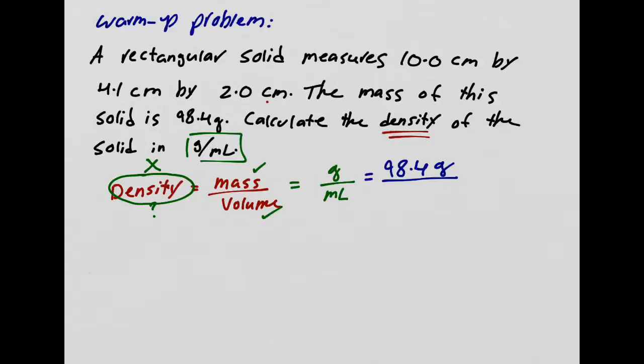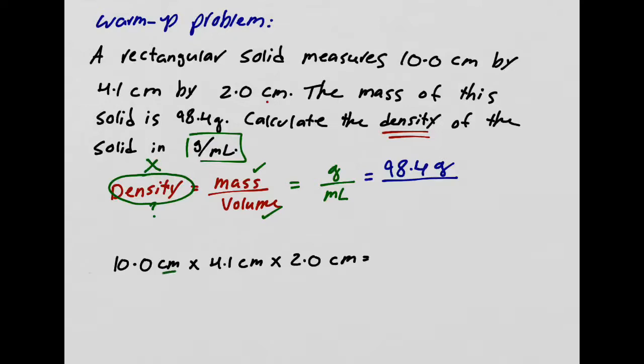If they give you the dimensions, can you figure out the volume? Yes, you can. The dimensions are 10.0 centimeter times 4.1 centimeter times 2.0 centimeter. So I'm multiplying width by length by the height, and I can figure out the volume.